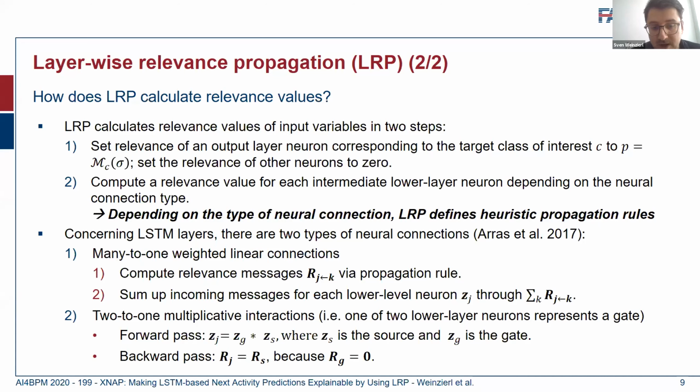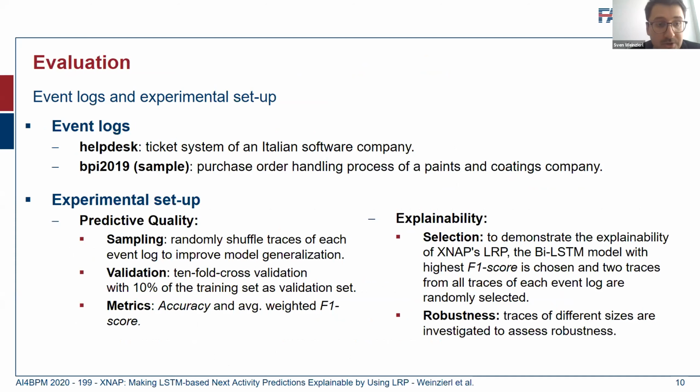In the forward pass, we have a multiplication z_j equal to z_G multiplied by z_S, with a source and a gate, and we can retrieve it if you set R_G to 0 and R_j is equal to R_S. So regarding the evaluation, we use two different event logs.